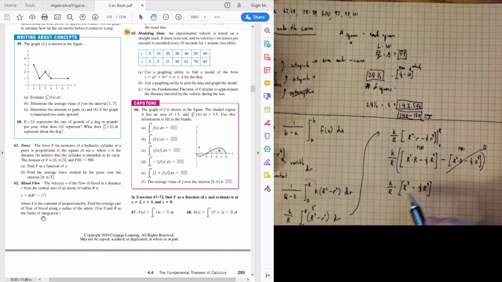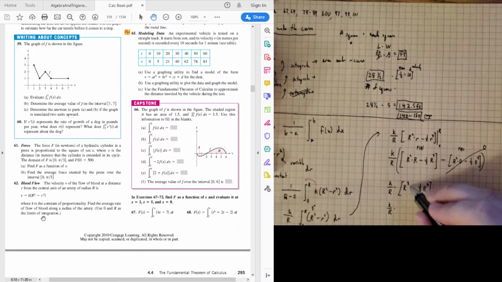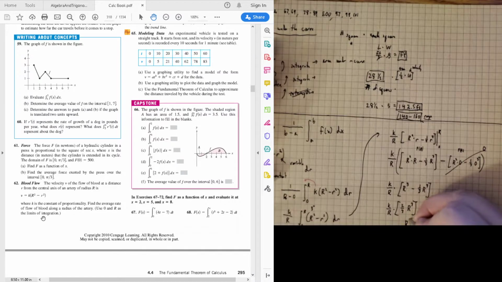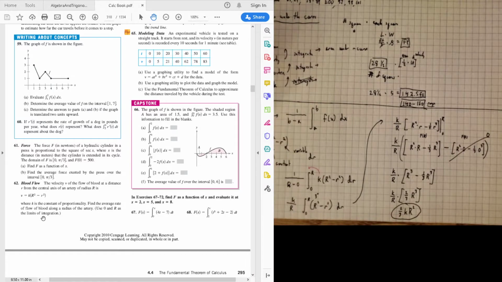These are the same number with a 1/3 in front, so I do k over r times, if I have 1 r cubed minus 1/3 r cubed, I would have 2/3 of an r cubed left. I now distribute. The r on bottom is going to cancel with one of the r's on top, leaving us with r squared. The 2/3 and the k are constants, giving us this answer. 2/3 little k r squared.